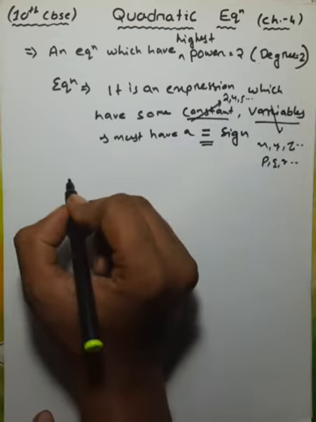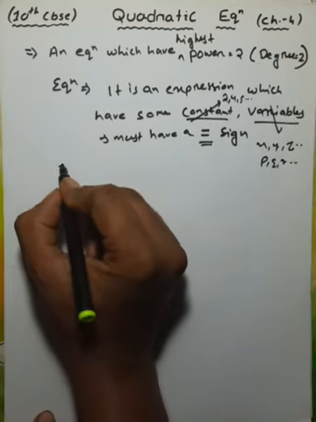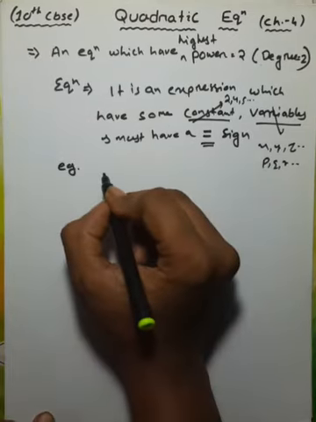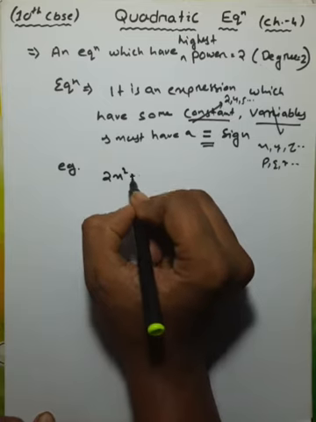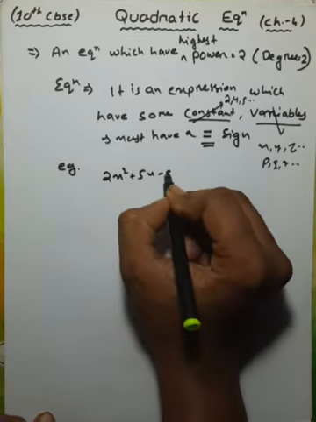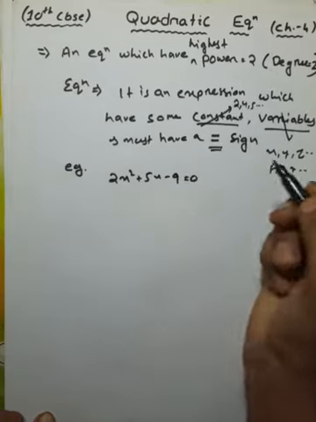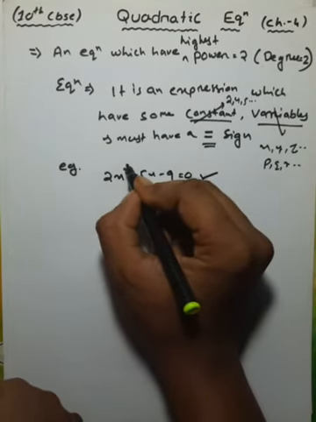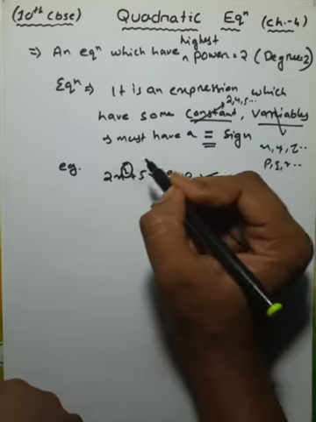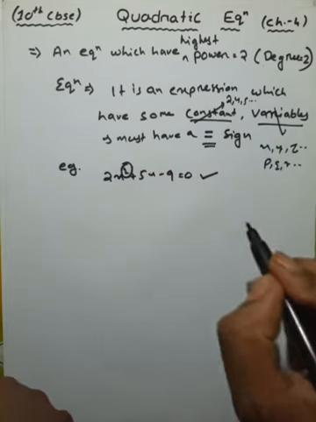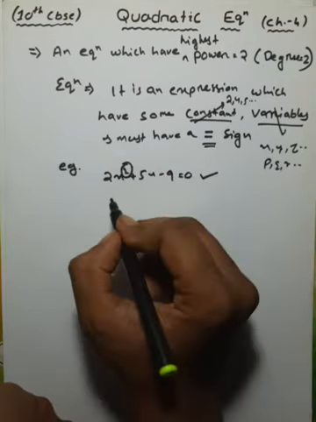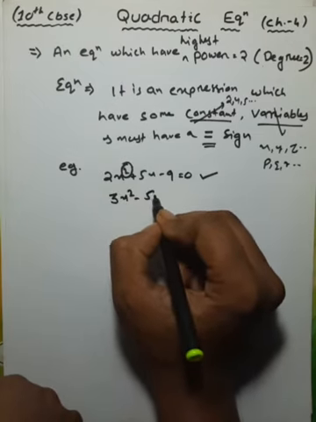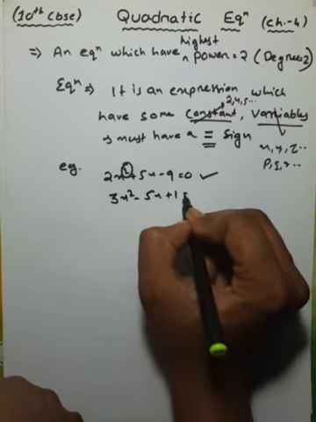So let us take an example. Suppose 2x square plus 5x minus 9 is equal to 0. This is a quadratic equation because its degree is 2. The highest power is known as degree. Suppose 3x square minus 5x plus 1 is equal to 0.